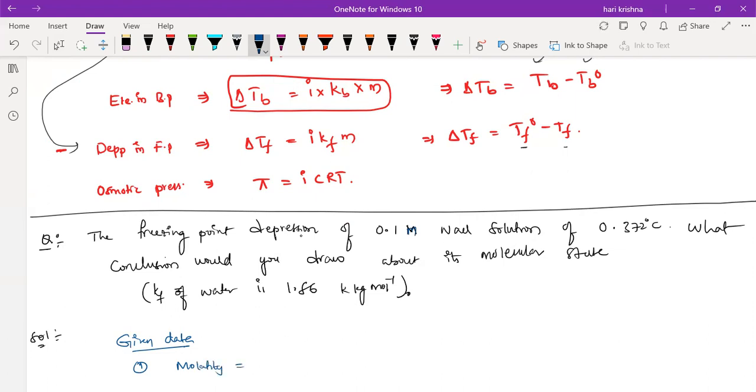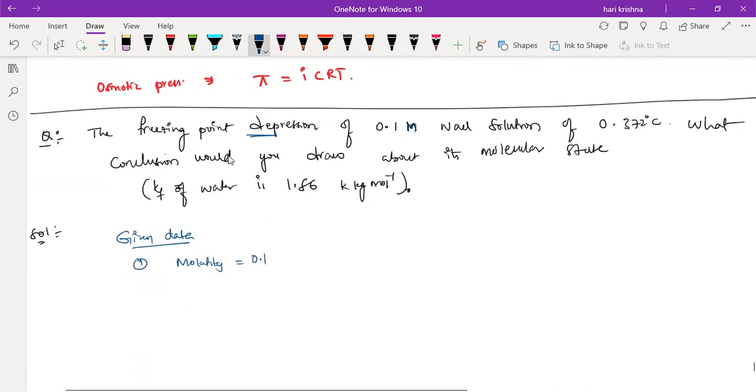How much? 0.1. Next, the freezing point depression they mentioned, right? So whenever they say freezing point depression, now we have to take total delta TF. So delta TF is given as 0.372 degrees Celsius. And we know already the Kf value, 1.86. So what is the formula we have to use here?